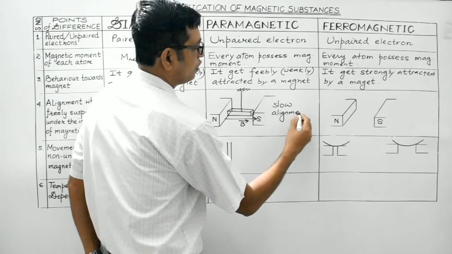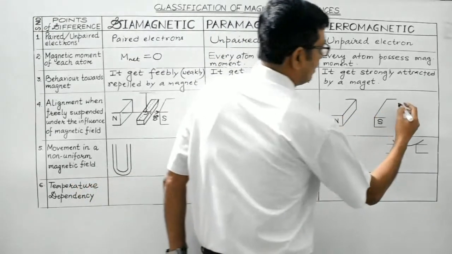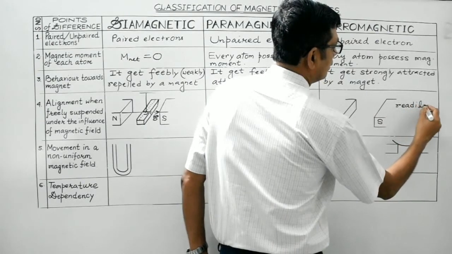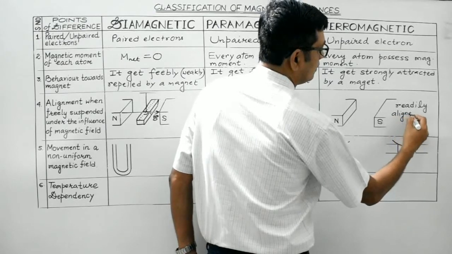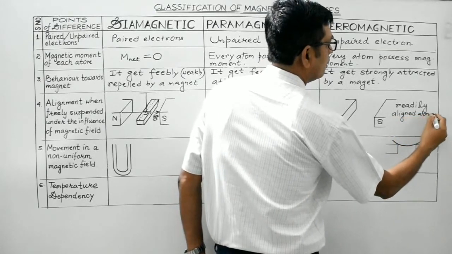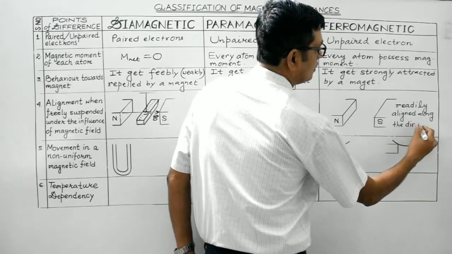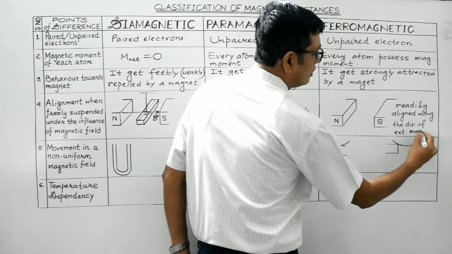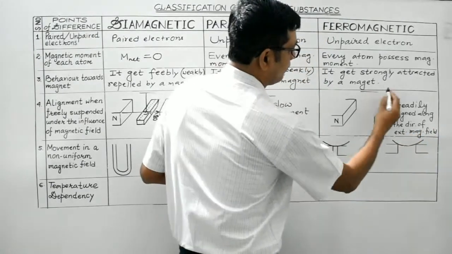It is the case of slow alignment along the direction of the magnetic field. Here it is the case of readily aligned along the direction of the external magnetic field. So the diagram would be the same.